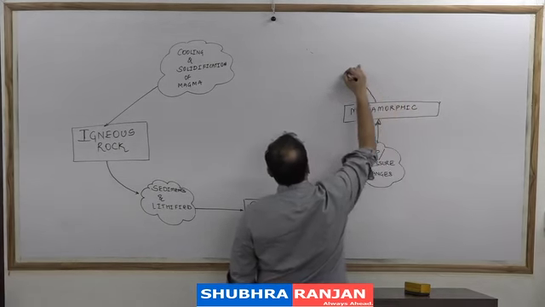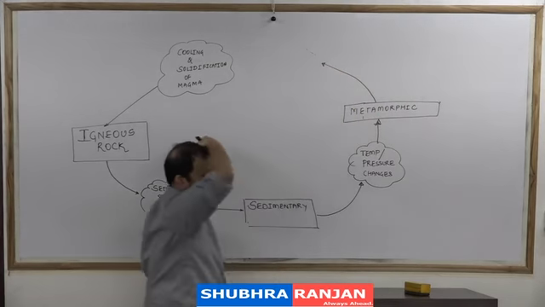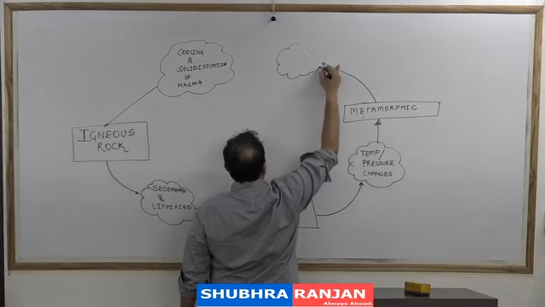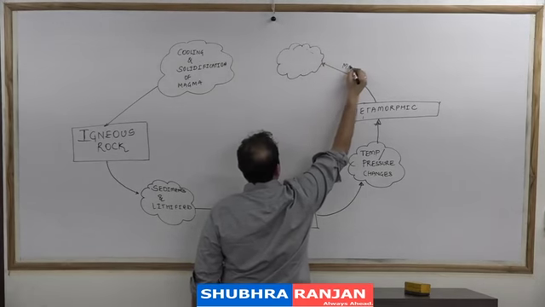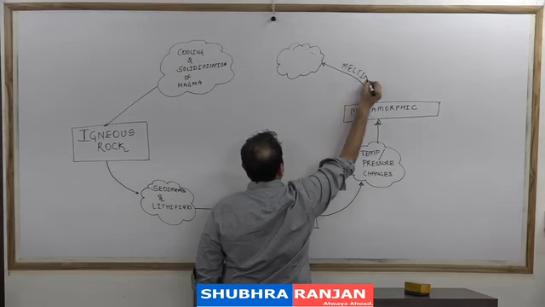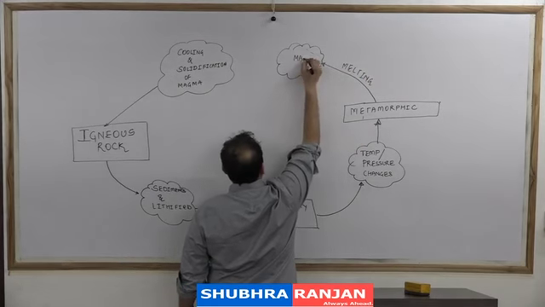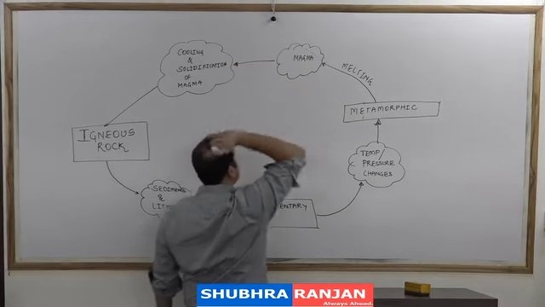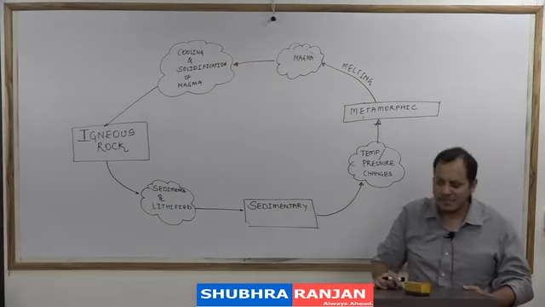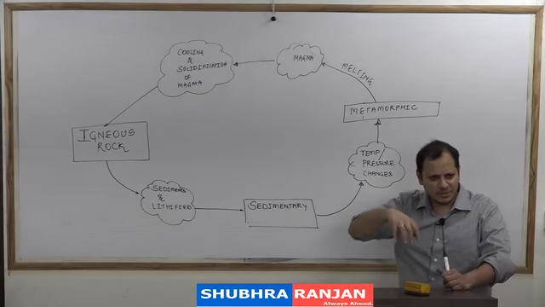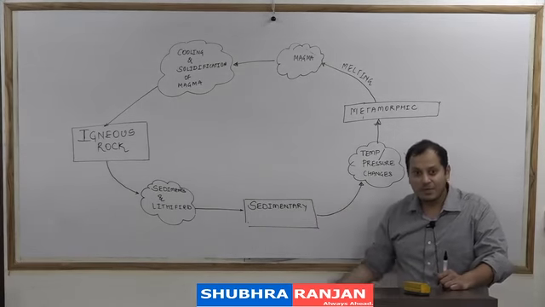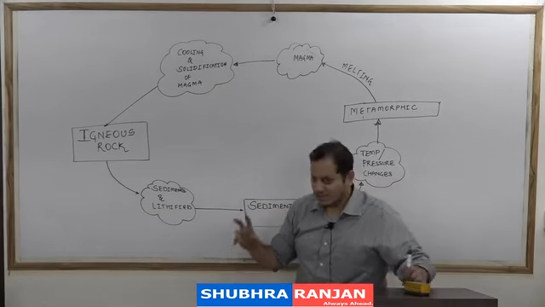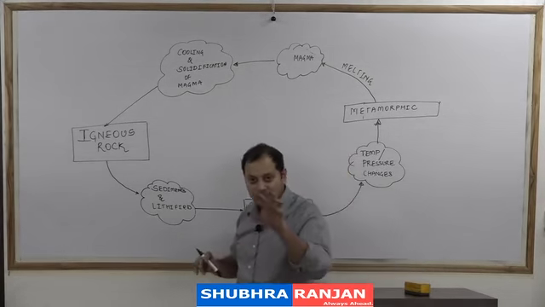And this metamorphic rock, due to subduction or melting at very high temperature, may become magma. This magma over a period of time may cool and solidify to again form an igneous rock. It will go into the subduction zone, become a part of magma, and may come out due to seafloor spreading or volcanic eruptions. So this entire process is one rock cycle.